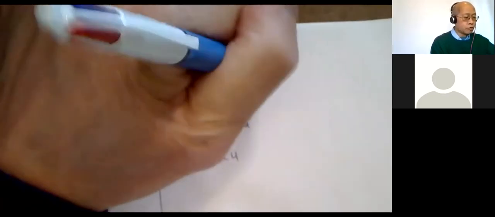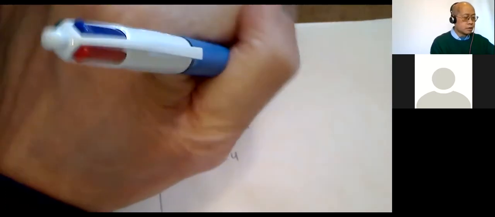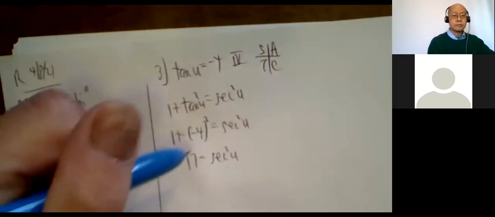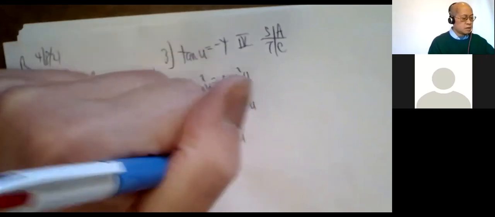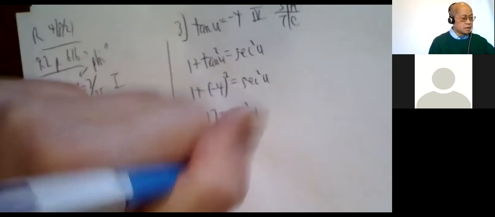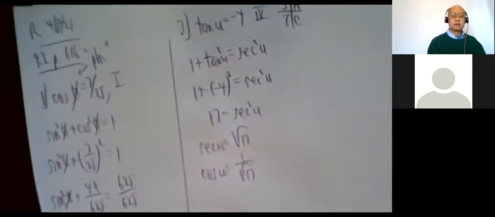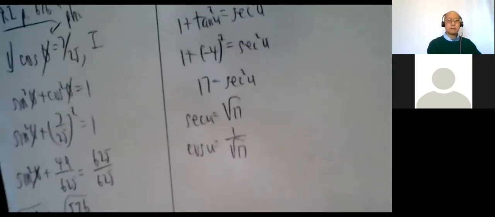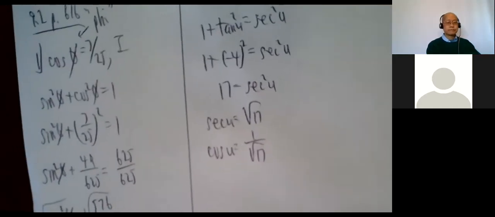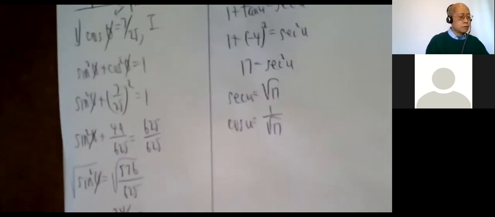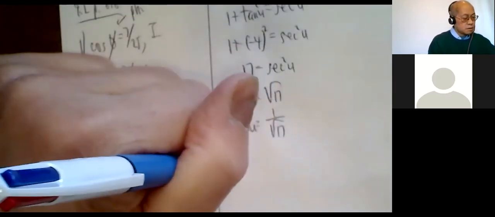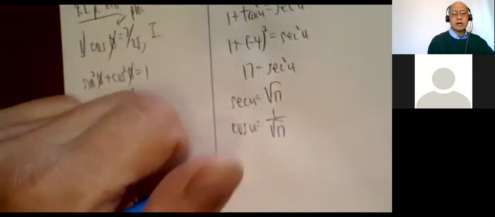I'm in quadrant 4. All students take calculus. Cosine is positive. So secant u is radical 17, which means cosine is 1 over radical 17. Okay, and find sine of u.